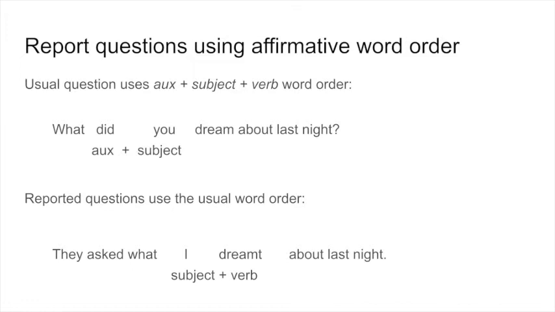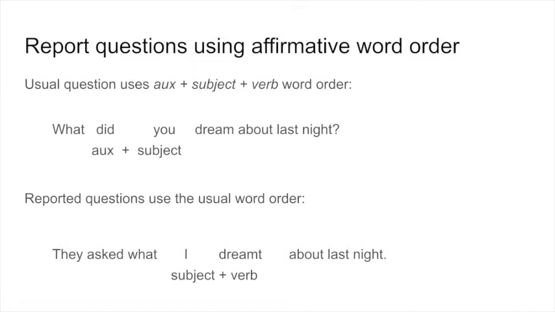For example, the question is, "What did you dream about last night?" So the order that we have in a usual question is: what, did, we start with the auxiliary, and then you. So first we have the auxiliary, and then we have the subject.